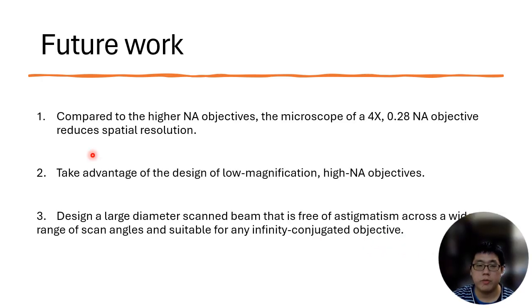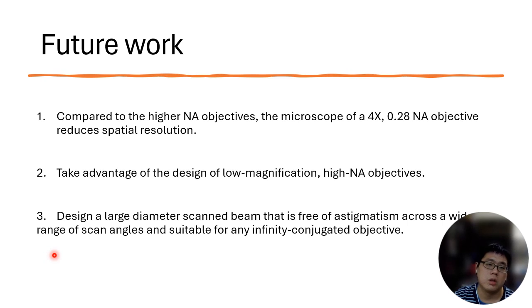For the future, first, a weakness of this microscope is the reduced spatial resolution compared to higher numerical aperture objectives, which are typically used for two-photon laser scanning microscopy. Second, it takes advantage of future improvements in the designs of low magnification, higher numerical aperture objectives.